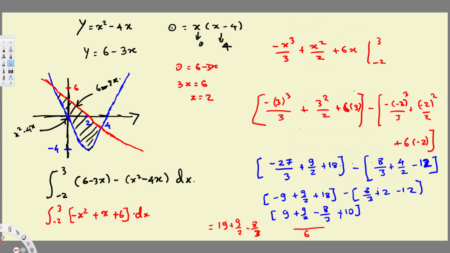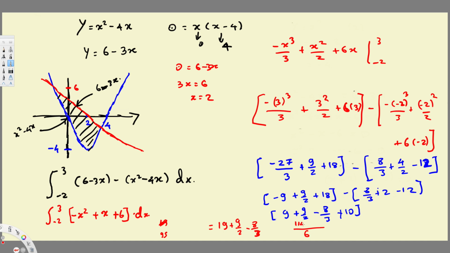19 times 6 is what? We can do this in 2 different ways. Like you can take 19 times 5 plus 19 times 1, or 6 times 10 plus 6 times 9 and add them. Let's take 19 times 5. So 19 times 5 is 95, right? 95 plus 19 is going to be 114.